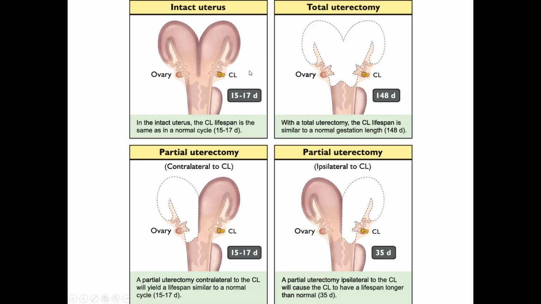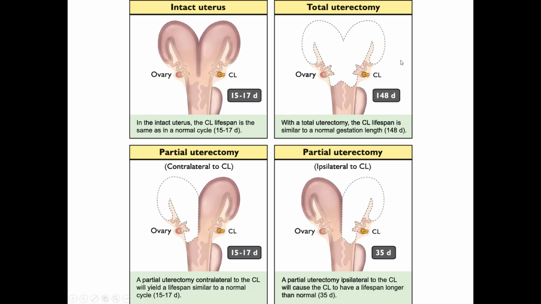We know through studying hormonal profiles, dissecting uterine tissue, etc., that if a female has an intact uterus, the lifespan of the CL is going to be the same as a normal cycle, so 15 to 17 days.